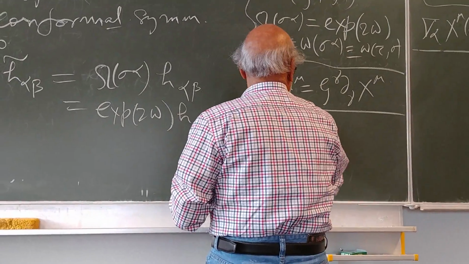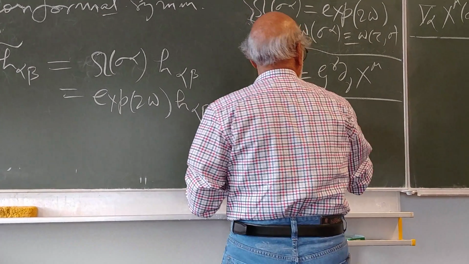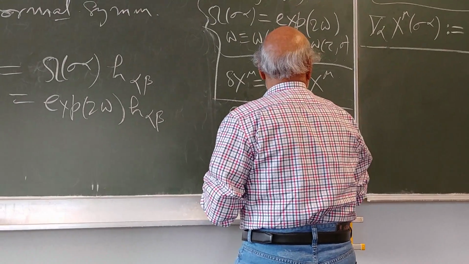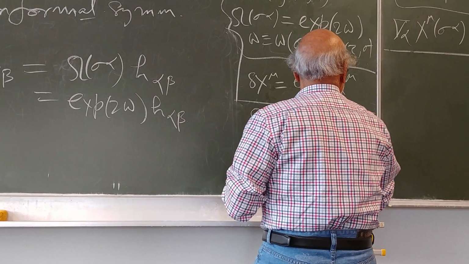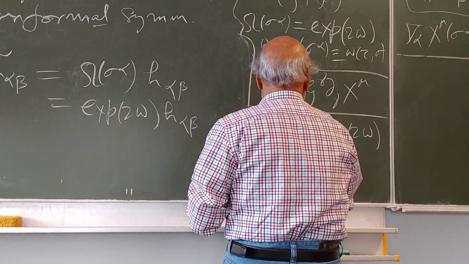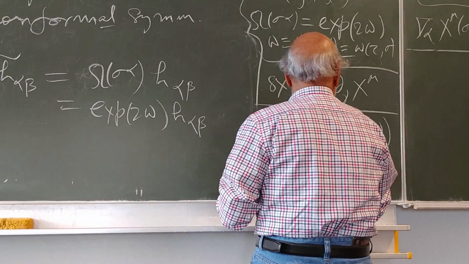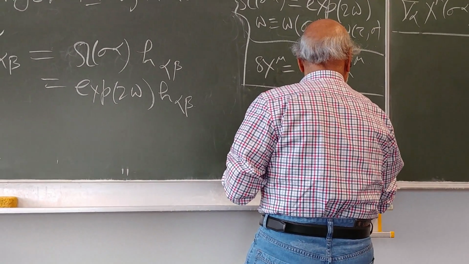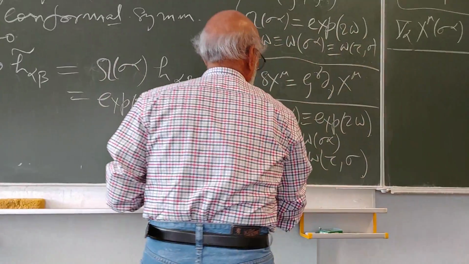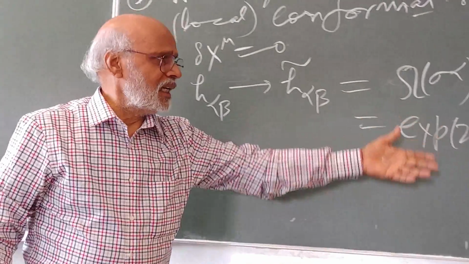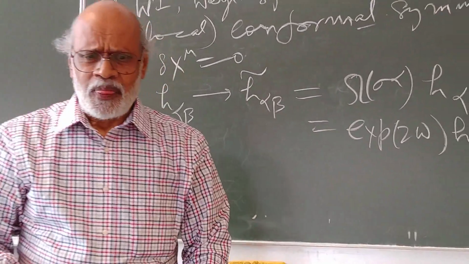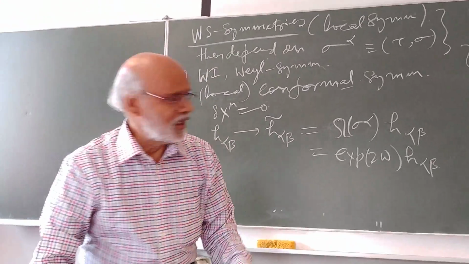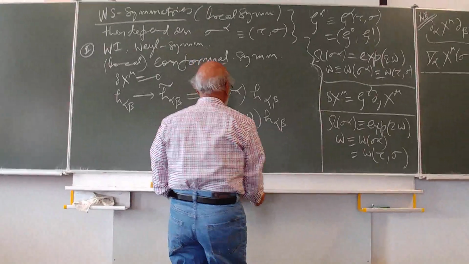This capital omega is exponential of 2 omega, and this omega is a function of this. So you could write it either as this or as this. There is only one difference here.